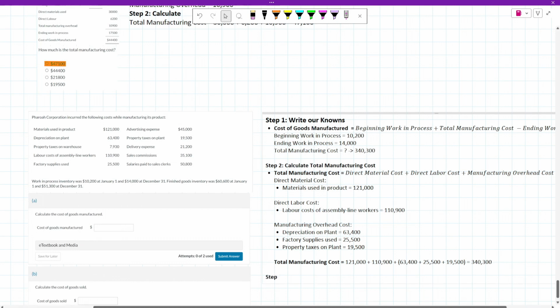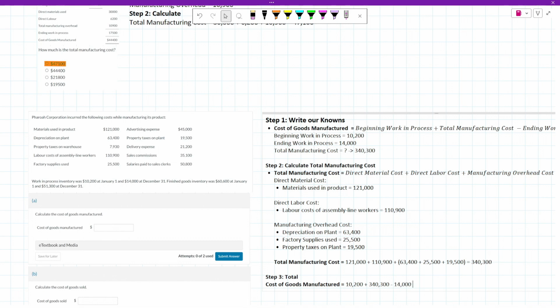So now we can do our step 3, which is the total cost of goods manufactured. This is equal to 10,200, which is our beginning work in process, plus our total manufacturing cost, which is 340,300, minus our ending work in process, which is 14,000, which gives us 336,500. I'll put that in orange, and this is the right answer for part A.